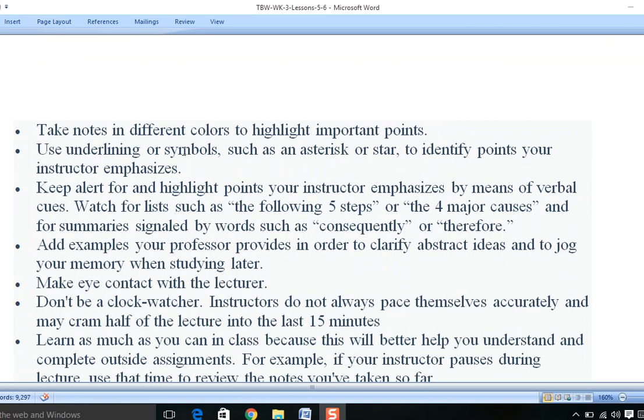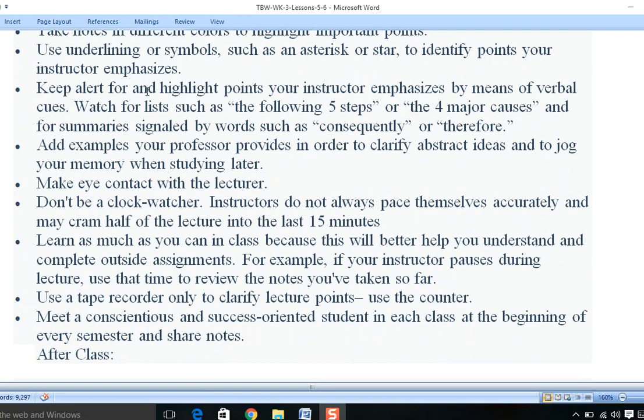Use underlining or a symbol such as an asterisk or star to identify the points your instructor emphasizes. Important points should be underlined. Keep alert for and highlight points your instructor emphasizes by means of verbal cues. Watch for lists such as the following five steps or four major causes.